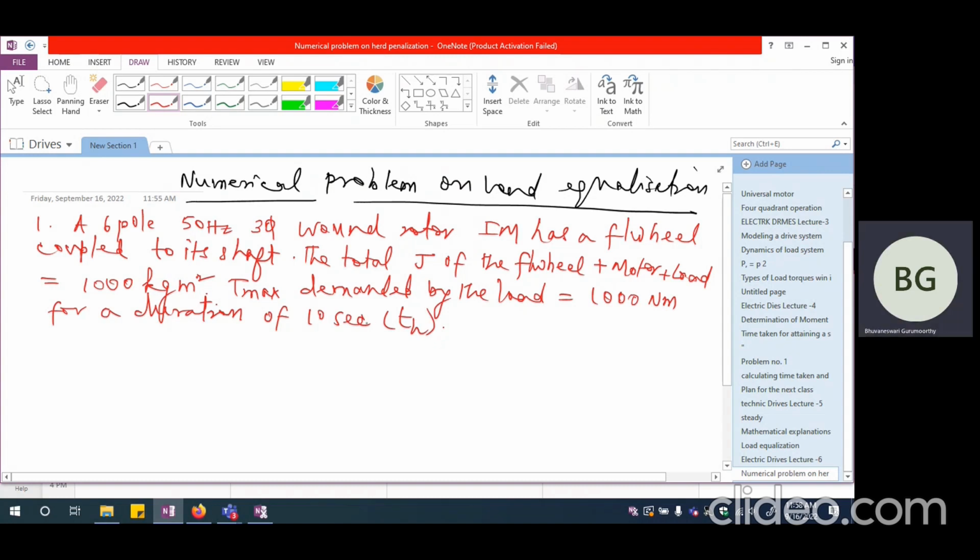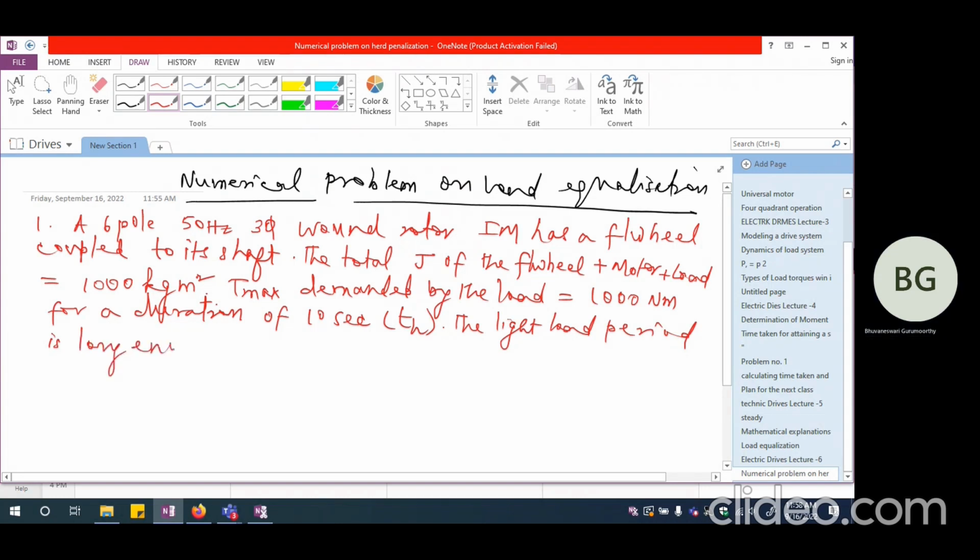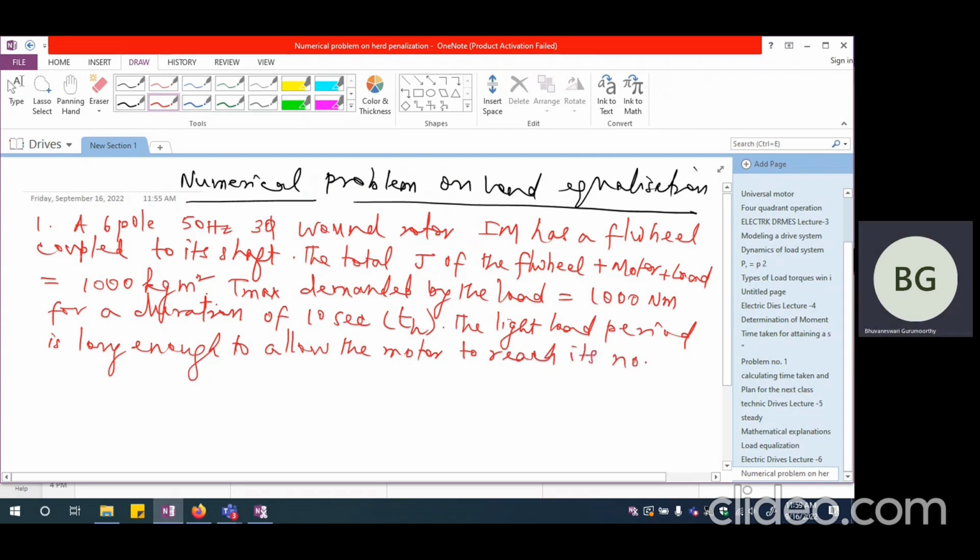The light load period is long enough to allow the motor to reach its no load speed.